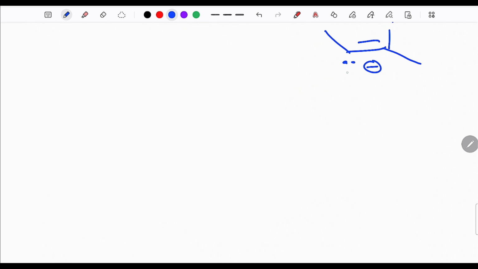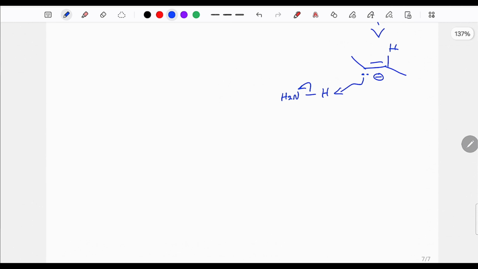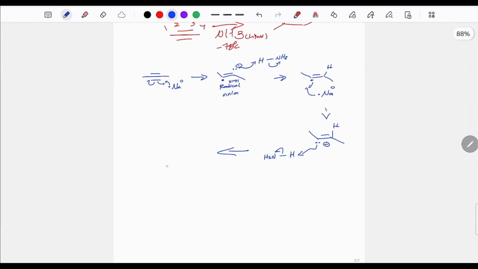It's very basic. What does it do? It will deprotonate our ammonia. Let's bring him closer. And of course, H2N. Of course, those will go there. So now I have boom, boom, boom. I'm finished. I have this, and I have this, and I have the trans alkene. And one of my byproducts is, of course, sodium NH2 minus.